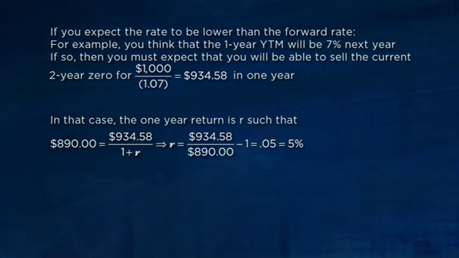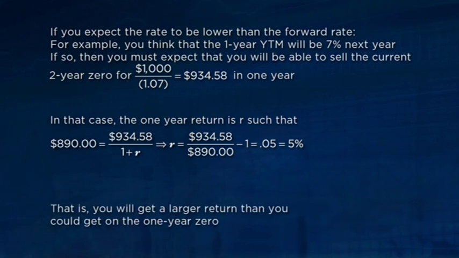Take all of that, subtract off 1, that gives you a return of 0.05 or 5%. That is, you'll get a larger return than if you were to just go out and get the 1-year zero, if it's the case that you expect short-term rates, the 1-year rate next year, to be what? Less than the forward rate in the current yield curve.